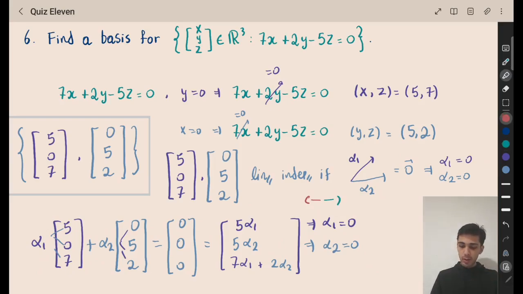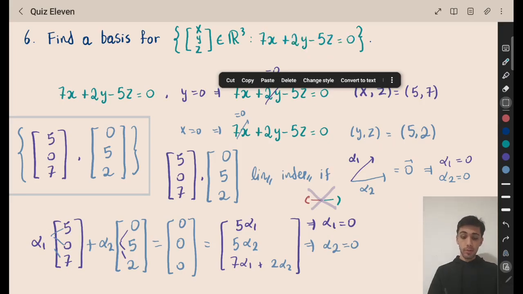So this is something that does not happen. And so we have two linearly independent vectors, which means that they will add to the span, and we can use these two vectors to reach every single point in our very specific and very nice plane.